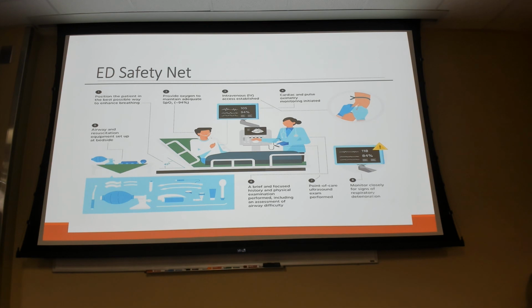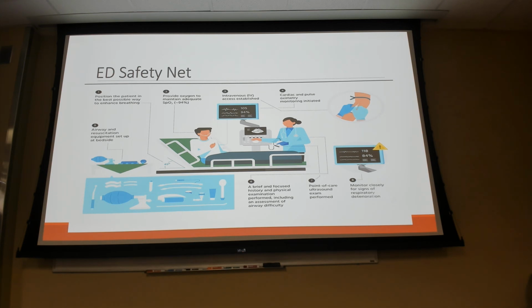So in the ER, I don't know if Colonel Gendron talked about this, we usually have a safety net. We want almost every patient, unless they're a quick in-and-out flu or throat swab, if they come into a bed, the nurse puts them on a monitor. So we have IV access, O2, monitor. Does every patient need an IV? Does every patient need to be on a monitor?